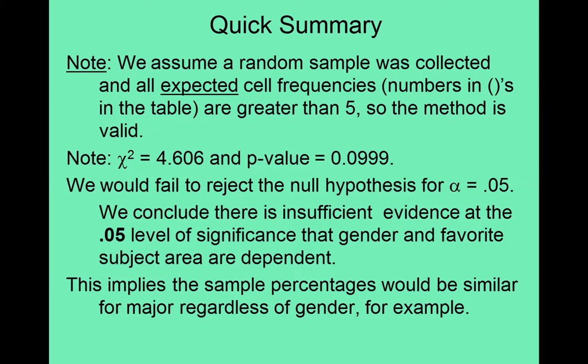We conclude there's insufficient evidence at a 0.05 level that gender and favorite subject area are dependent. This implies the sample percentages would be similar for major regardless of gender. So any differences in the percentages earlier were not strong enough to support a difference based on gender when looking at favorite subject area.